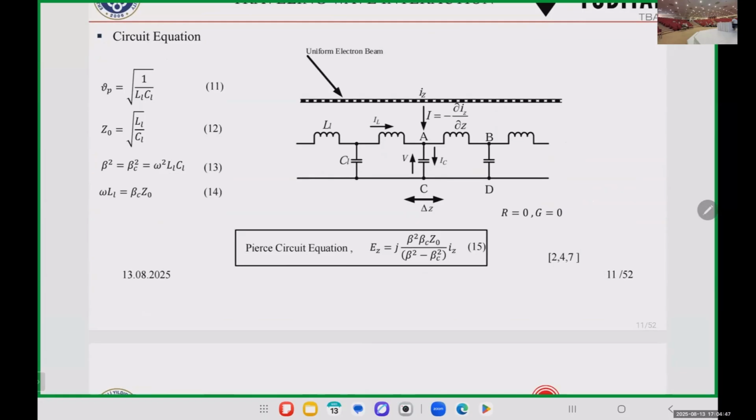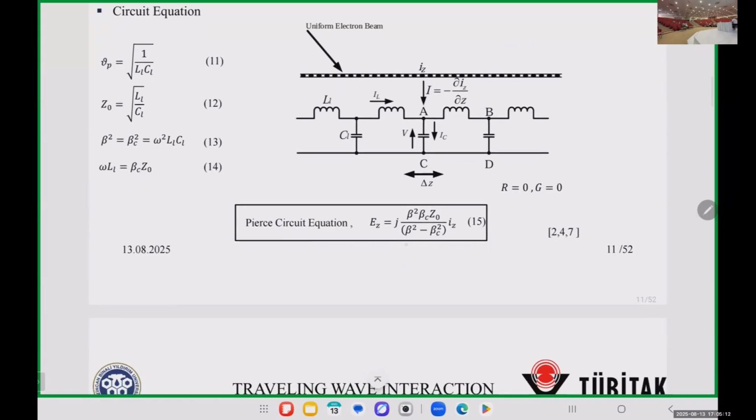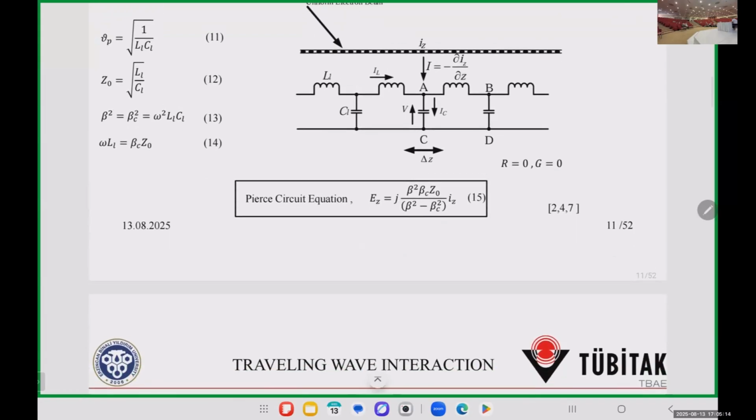Ez can be written in terms of Iz, with Z0 and beta C, the propagation constant of the circuit, and beta is what we want to know.